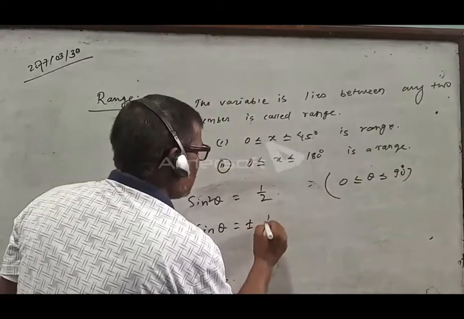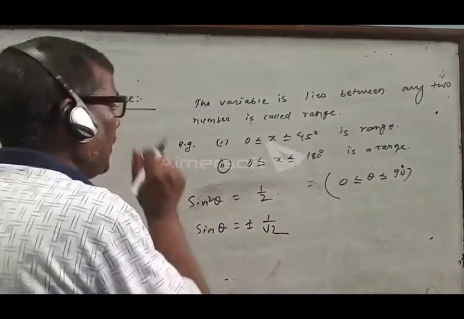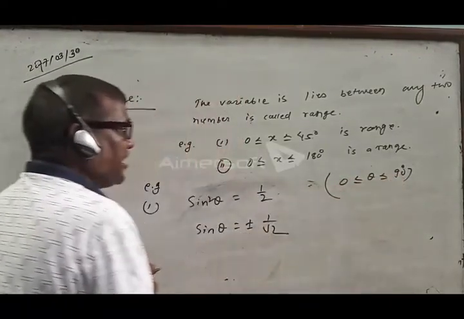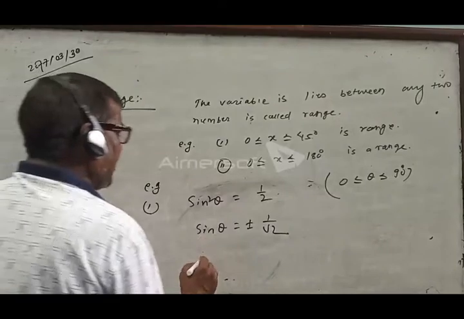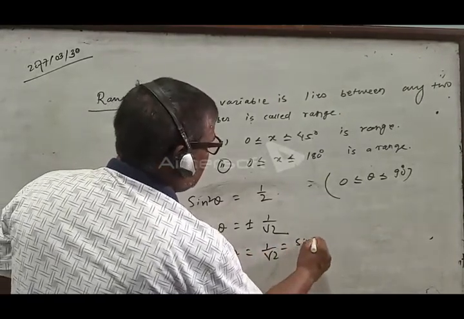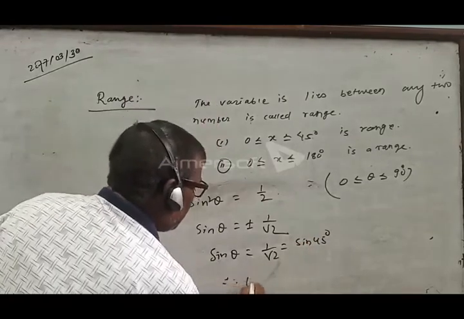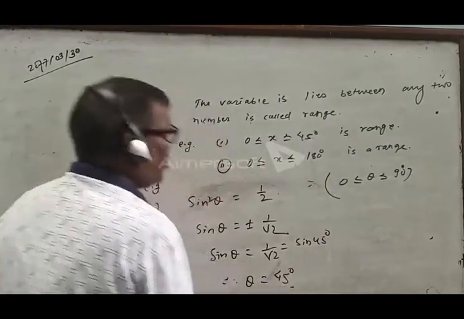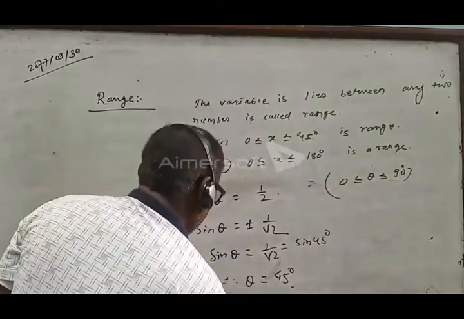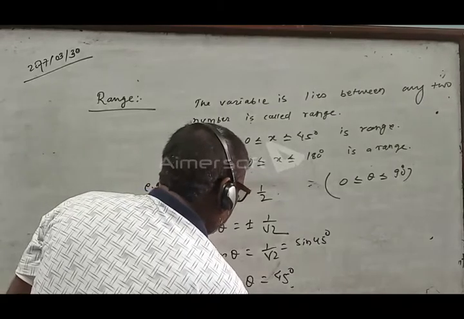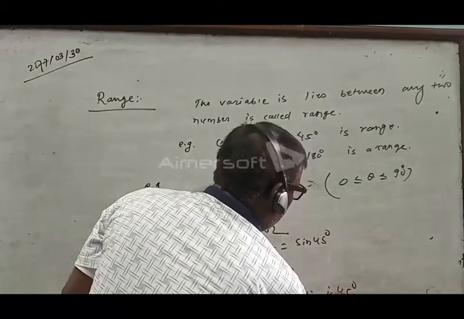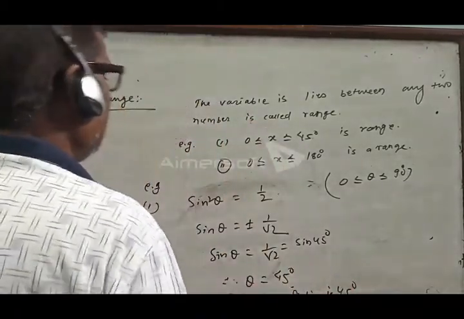The value of sine from 0 to 90 is positive, so take only sin theta is equal to 1 by root 2. This means sin 45 degree. Therefore theta is equal to 45. So the range is, the value lies between 0 and 90, so the general solution is 45 degree.